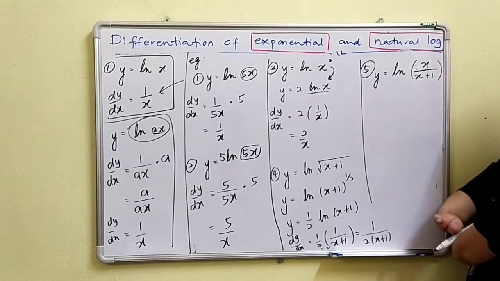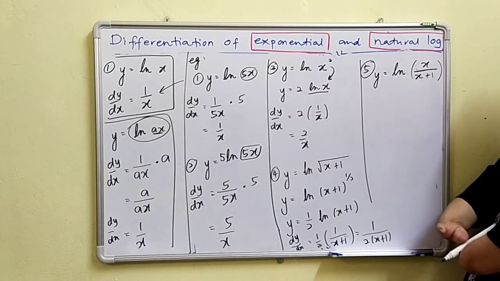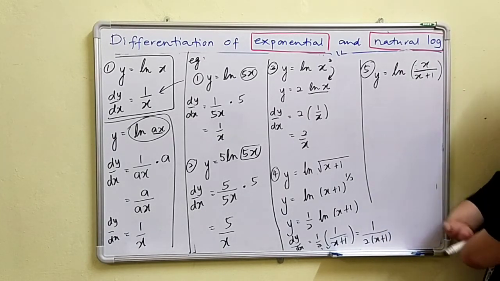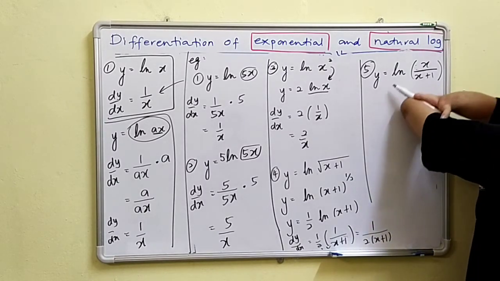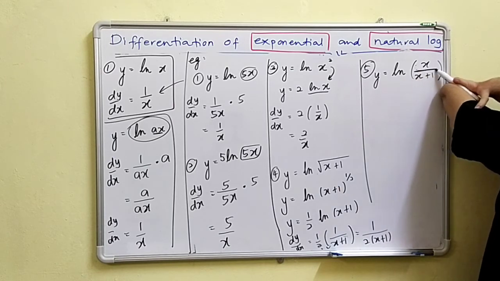So based on this one, before you want to find dy over dx, the first thing that you need to do is simplify using the log properties. So how to simplify? This is the division.